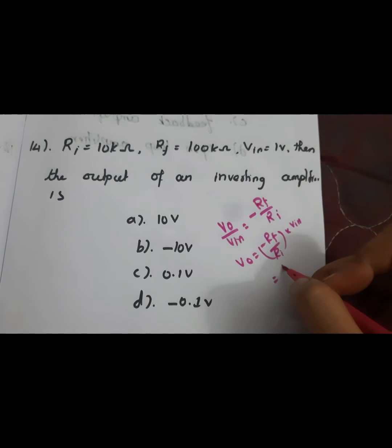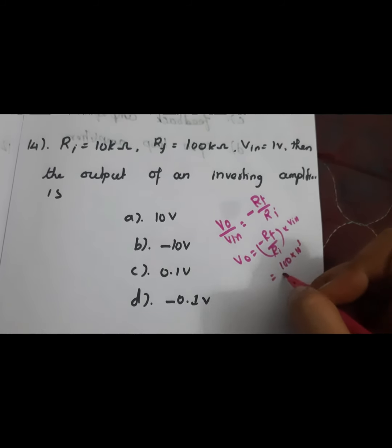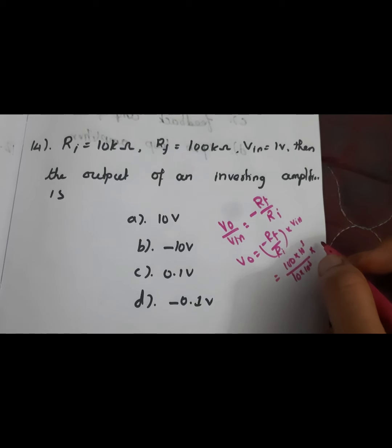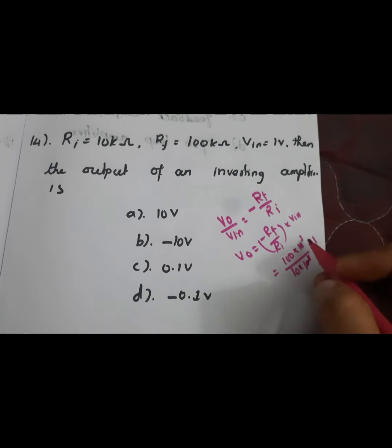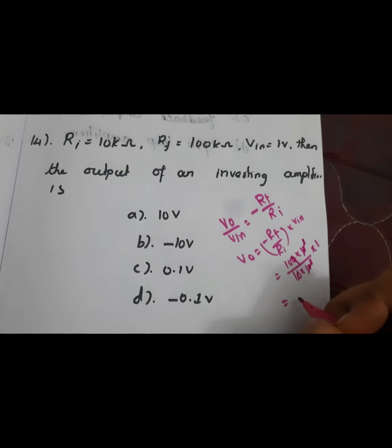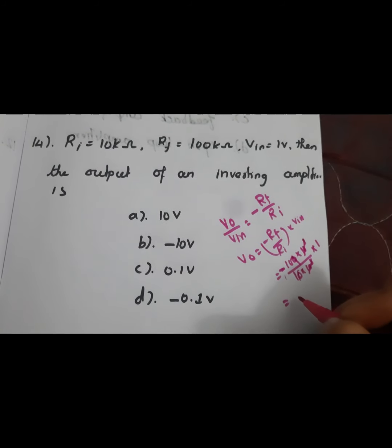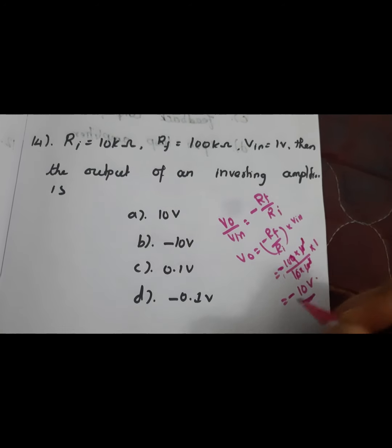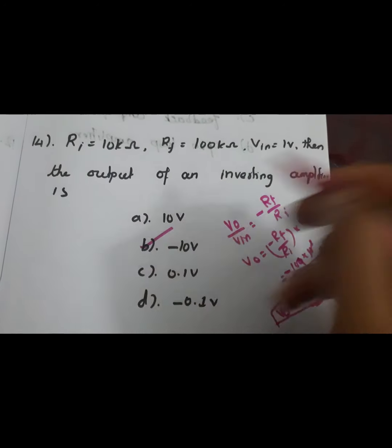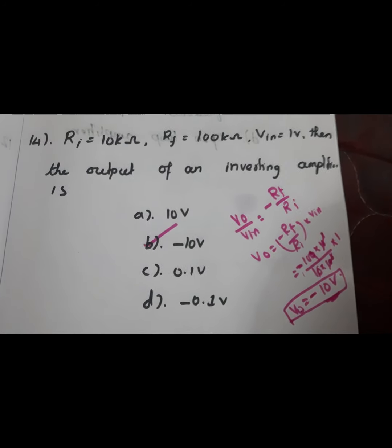The Rf value is 100 kilo ohm, the Ri value is 10 kilo ohm, and the V in value is 1 volt. So the kilo ohm terms get cancelled, and 100 by 10 gives the answer minus 10 volt. So V out is equal to minus 10 volt. So here the answer is B, minus 10 volt.